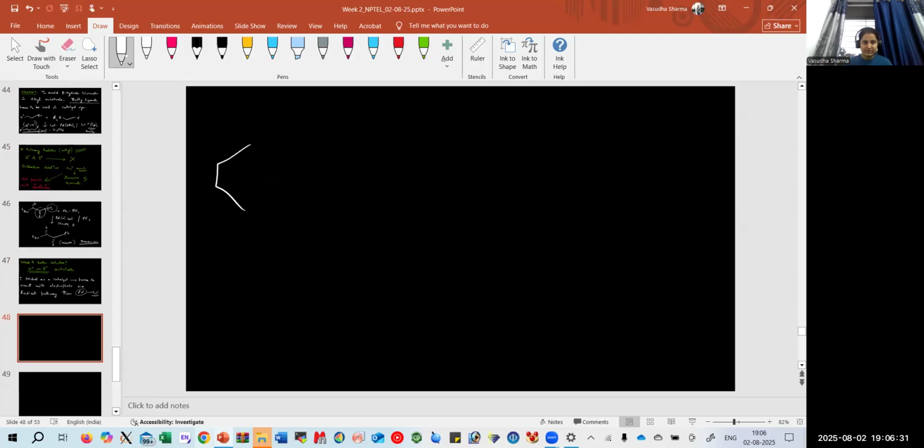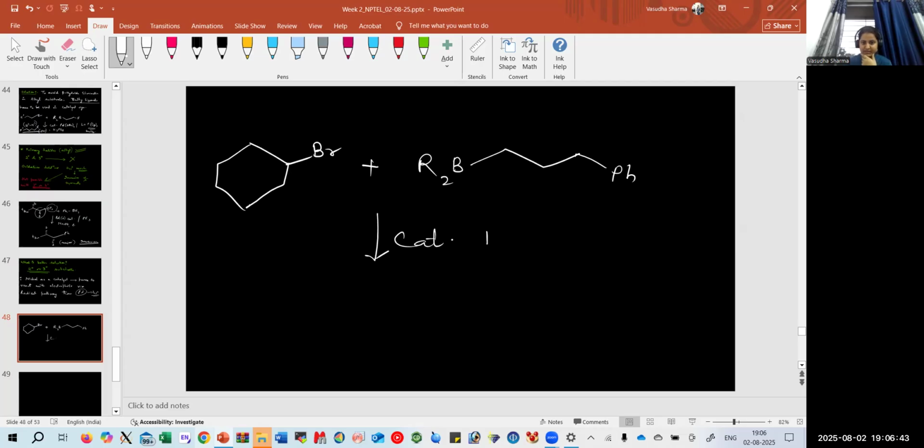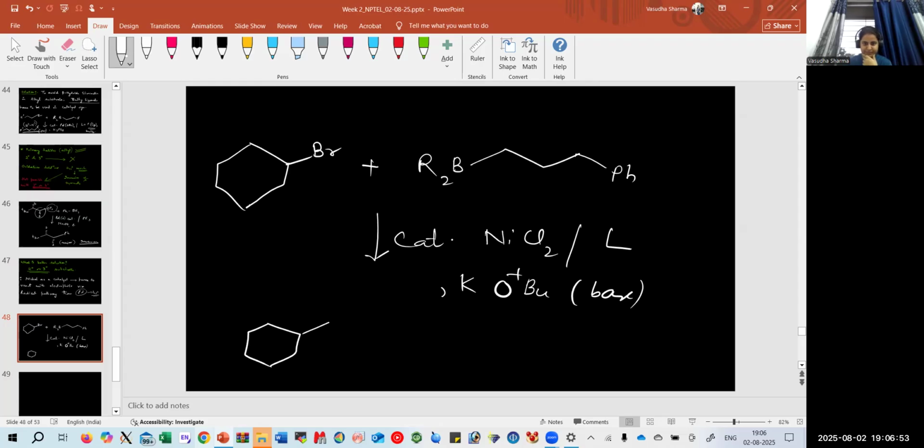So in that regard, when we have a 2-degree alkyl halide, and this is an sp3, in presence of the catalyst nickel chloride and a ligand and a base, it would form the product, 80%.